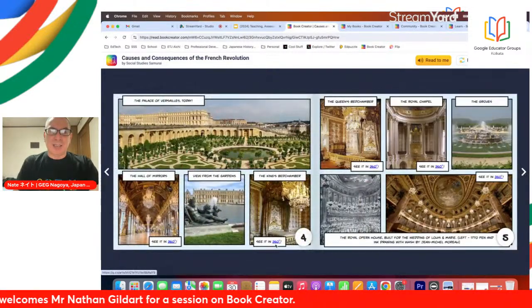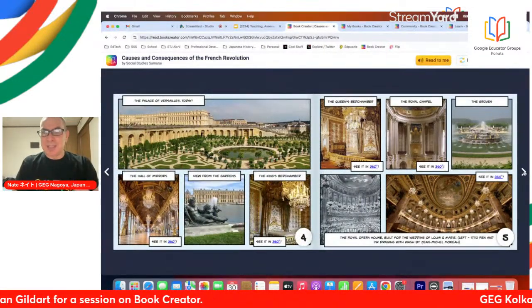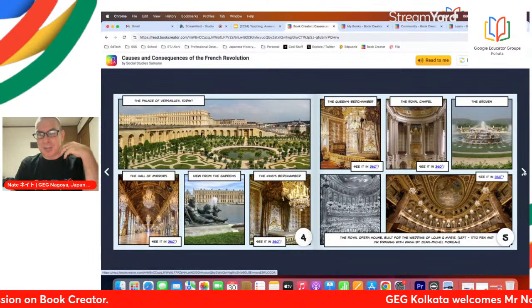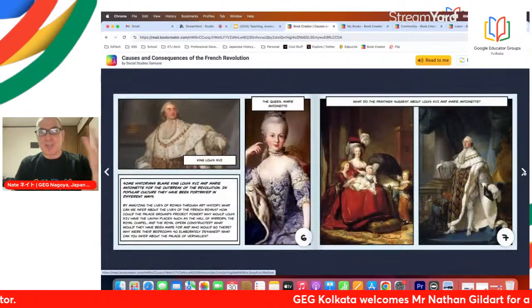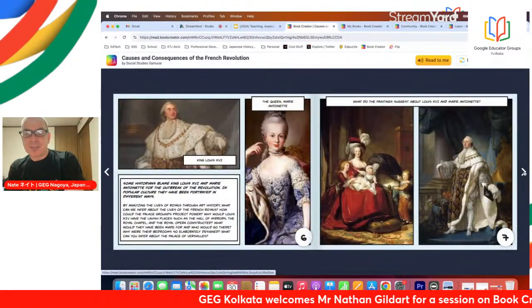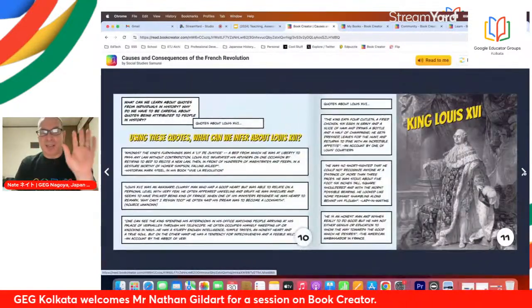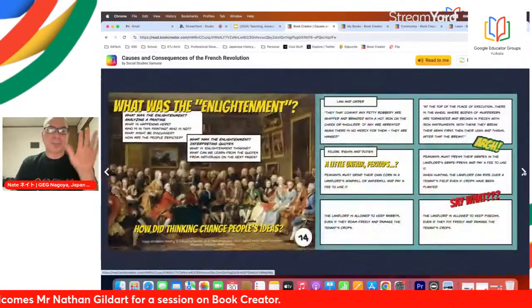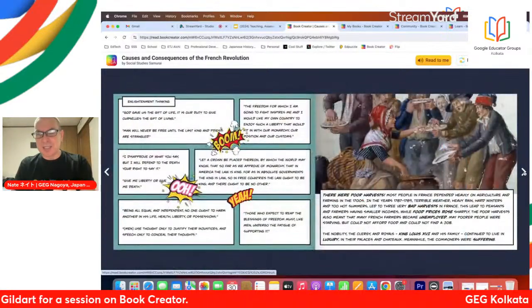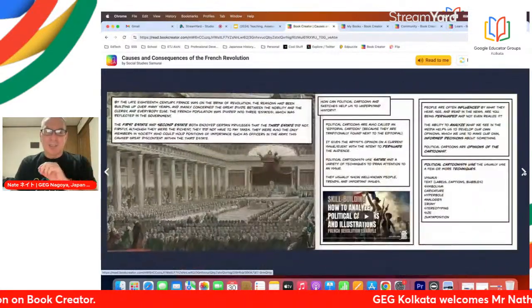And I've got some embedded 360 images. Basically, I have this as an activity where students are using observational skills. So they're using the book, but I also have them with another document that they're working on in groups. I've got historical quotes, and then visuals that they can look at.